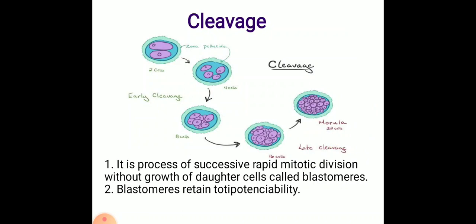The zygote undergoes successive rapid mitotic divisions without growth of the daughter cells, which are called blastomeres. The zygote divides rapidly and repeatedly and forms the blastomeres, and these blastomeres retain totipotency. We call it totipotency, that is, the capacity of the cell to produce any type of cell.